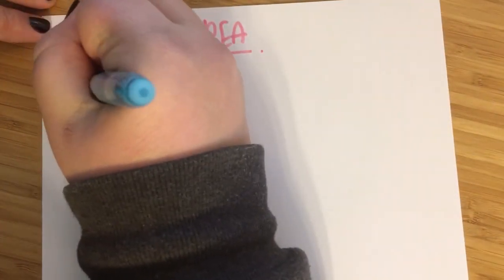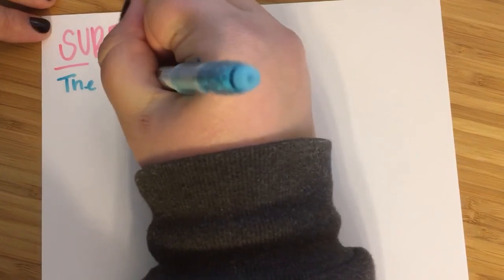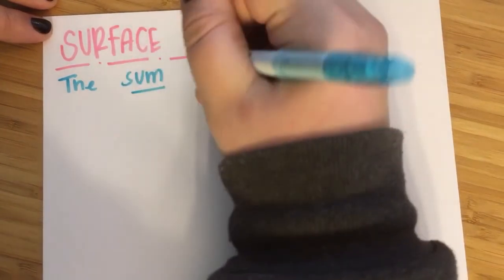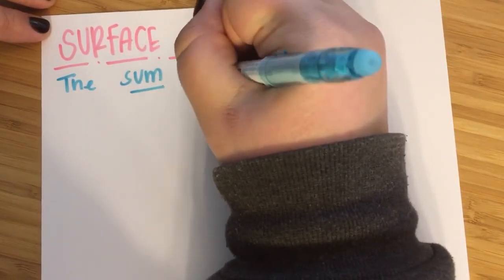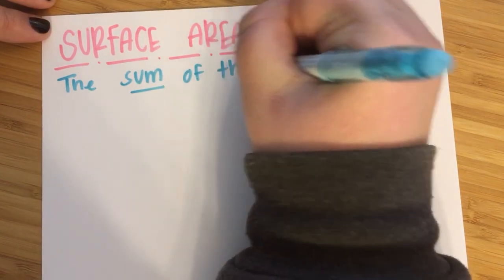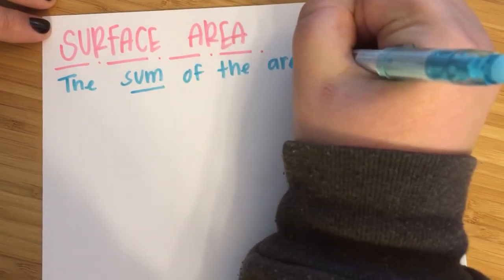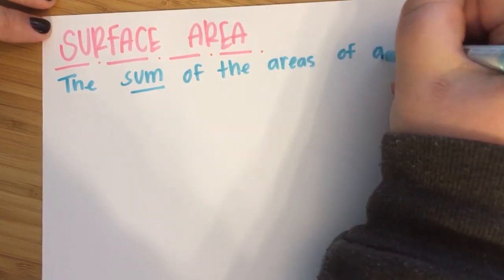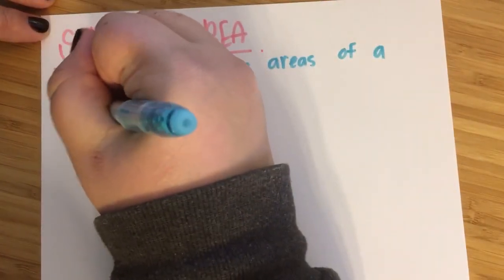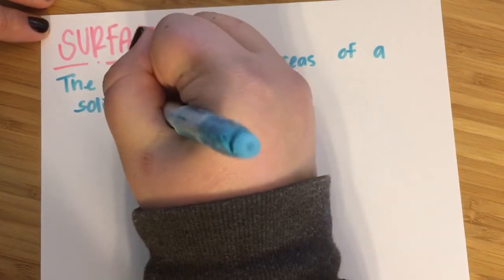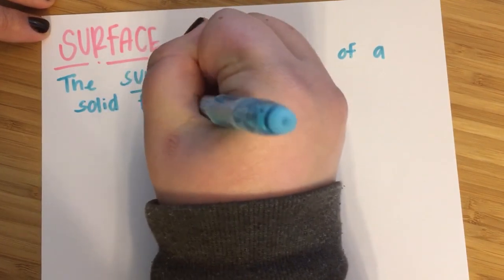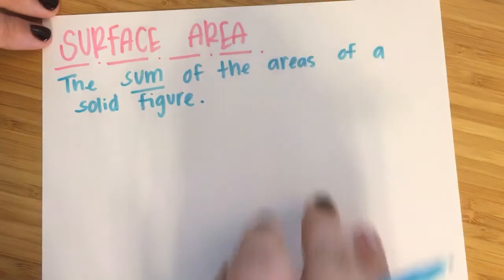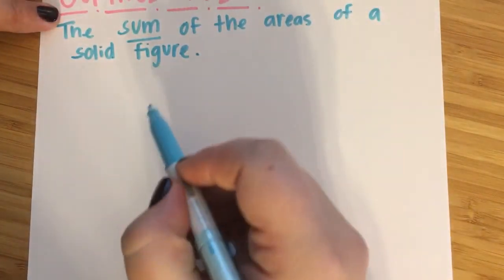If we're looking at a rectangle or a square, we know length times width, right? We haven't forgotten about that. But we're looking at 3D shapes. Sometimes it's hard to think in 3D, but I know we can do this together. So the surface area is going to be the sum, so I'm adding the areas of a solid figure.